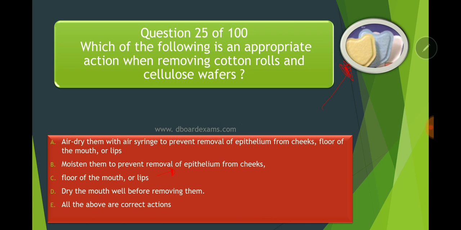Make sure you put some water on them. Because if you don't moisten and you just pull it, you're going to cause an abrasive wound or laceration. You're going to remove the mucosa from the cheeks, the floor of the mouth, the lips, and traumatize the patient. So make sure you're careful when removing these.